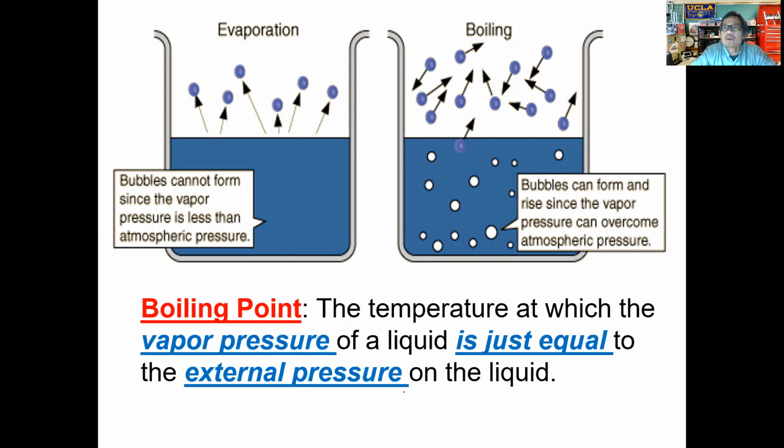Now we can describe boiling at both the macroscopic level, where we see the bubbles, and the microscopic level, where particles are absorbing enough kinetic energy throughout the liquid to break free of their attractions and thus become gas particles. That's the microscopic explanation. Now that we have made that link between what we can observe macroscopically and how we describe the particle behavior microscopically, let's get a little bit more detailed in our discussion of boiling.